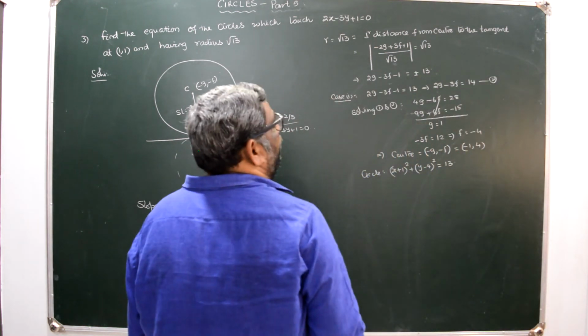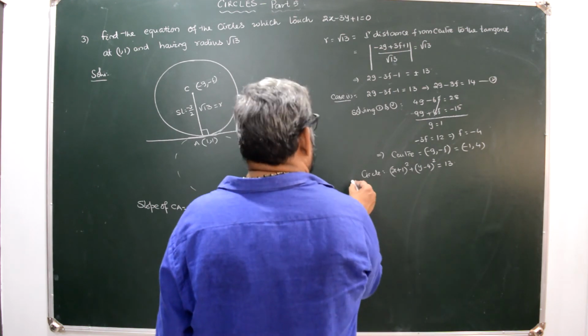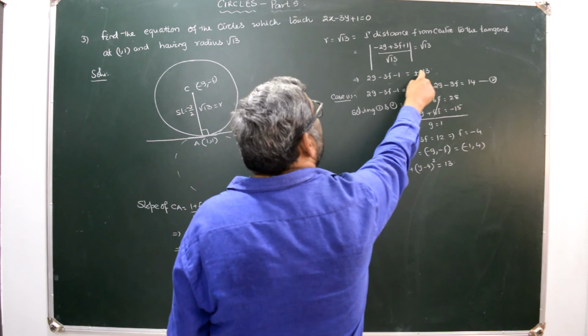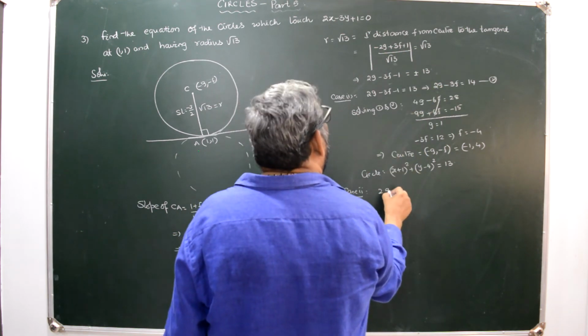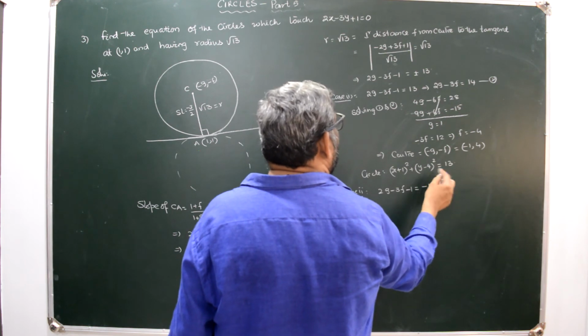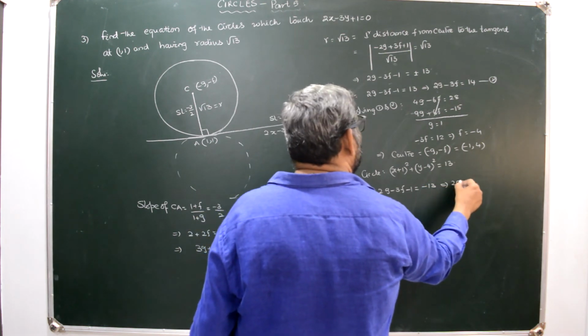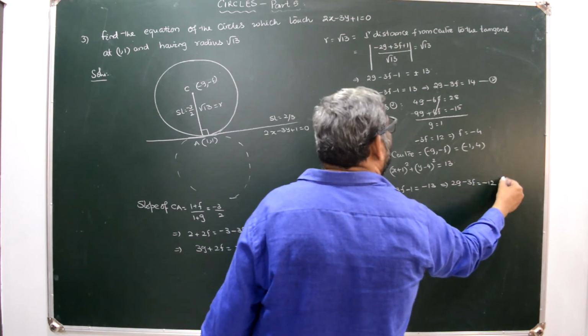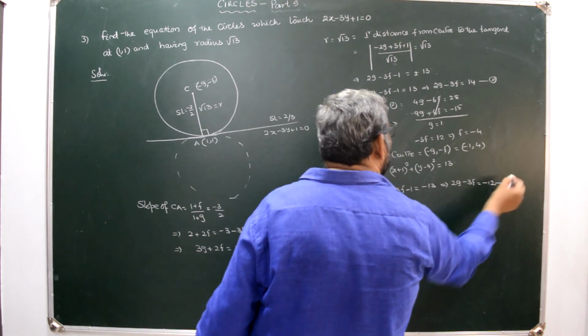Next one. Case 2. I'll consider this one. 2g minus 3f minus 1 equal to minus 13 implies 2g minus 3f is equal to minus 12. You can call this the third equation.